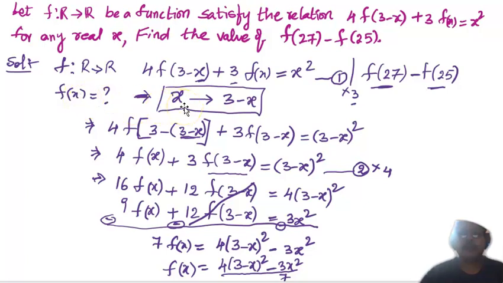Here this is important: replace x with 3 minus x. We are getting the f of x value as 4 into 3 minus x whole square minus 3x square by 7. Now we are going to the other screen.